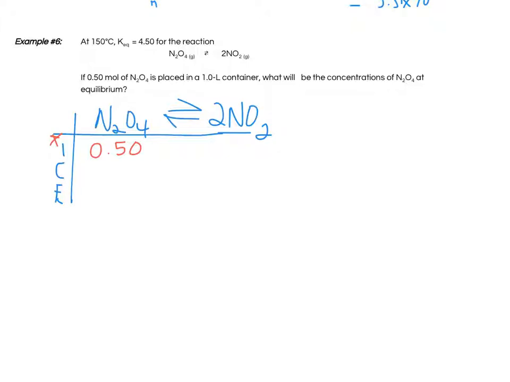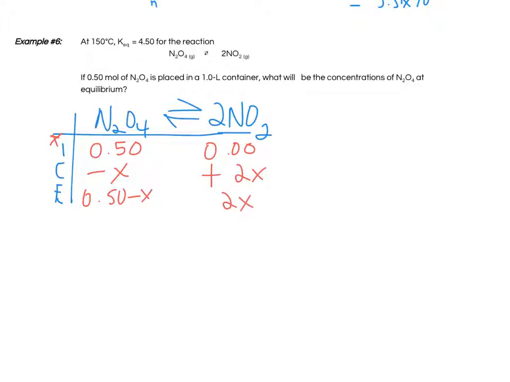And they haven't told me otherwise, and so I'm going to assume that I have 0 moles per liter of NO2 at the beginning. So my N2O4 is going to decrease by an amount x, and my NO2 is going to increase by an amount 2x. And so that gives me some expression, 0.50 minus x and 2x, respectively.